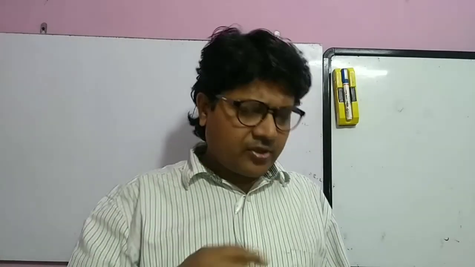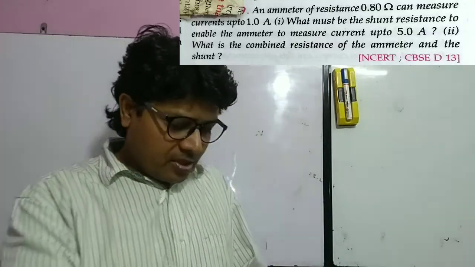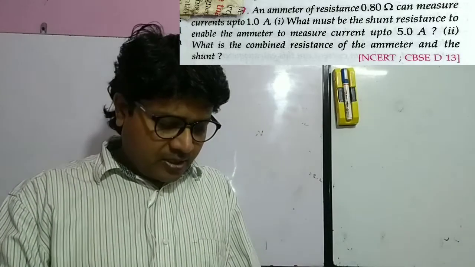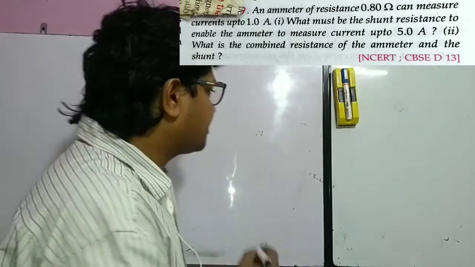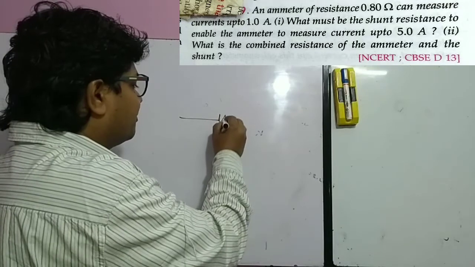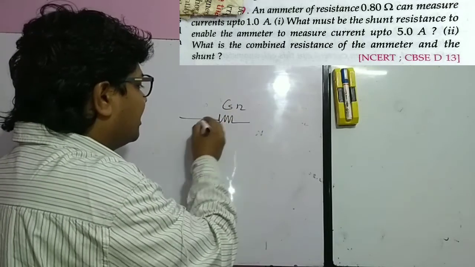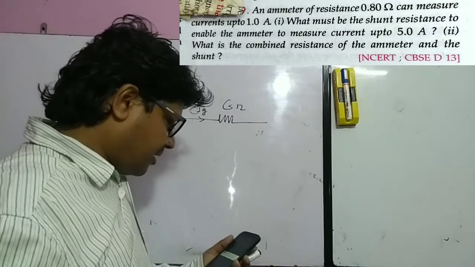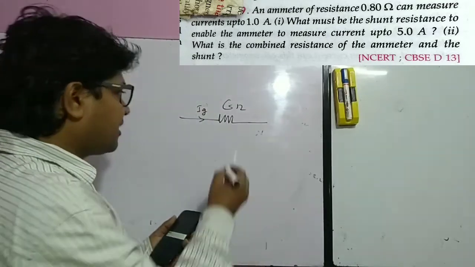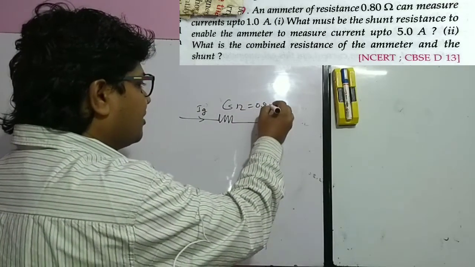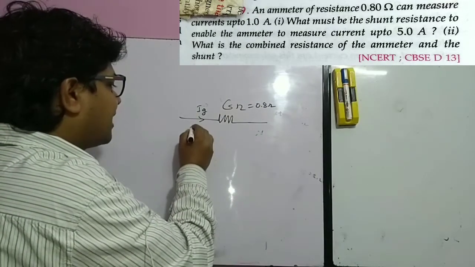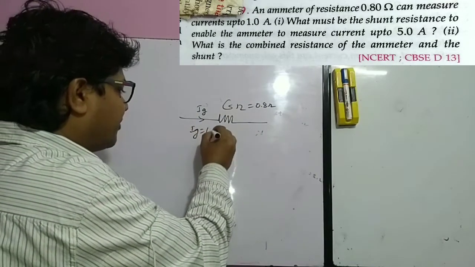The question, you can see on the screen also, is: ammeter of resistance 0.8 ohm can measure current of 1 ampere. So this is our galvanometer, this is G ohm and this is Ig. It means G is given by 0.8 ohm, and Ig is equal to 1 ampere.